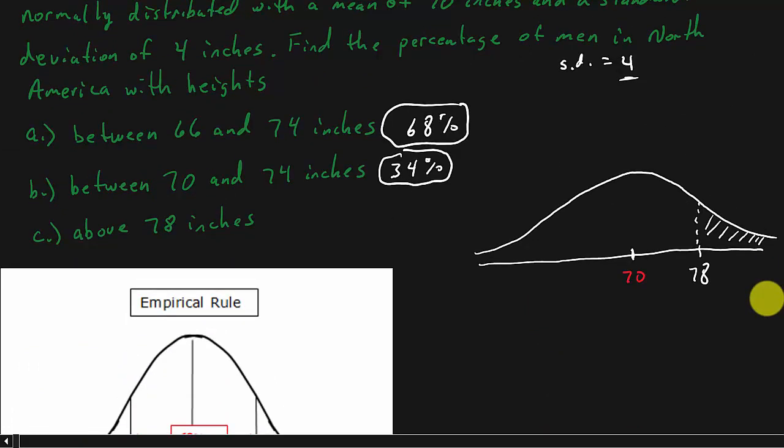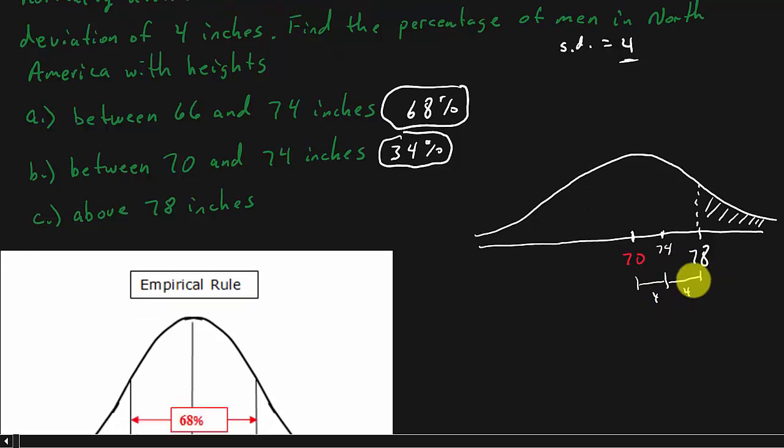All right. So first thing we've got to do, we need to determine how many standard deviations we are away from the mean. Well, this is 78, so, well, this is 74. That's one standard deviation, right? That's 4. And then if I go another 4, so I'm 2 standard deviations above the mean.